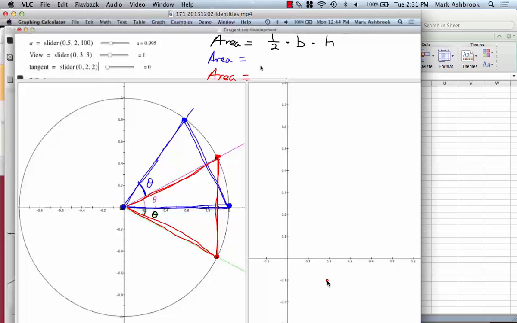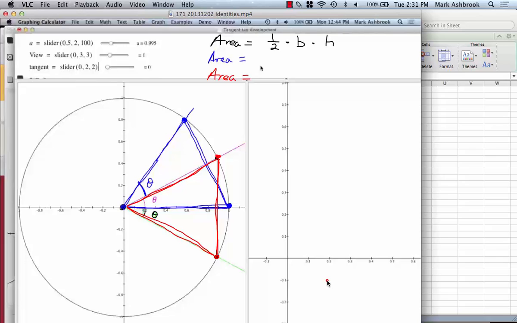Got it, you got the tool for it. So we'll do it. This angle 2 theta, right?